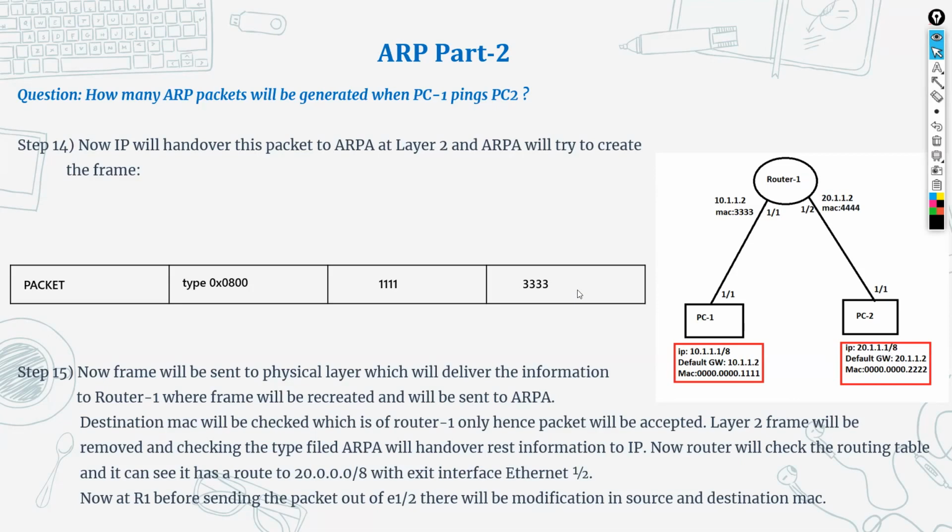This particular information is not there in the ARP table of router 1. Okay, that is why router 1 is now going to follow the same ARP process to find out the MAC address of 20.1.1.1, right?